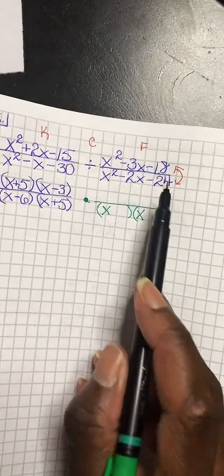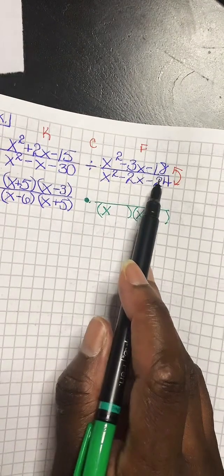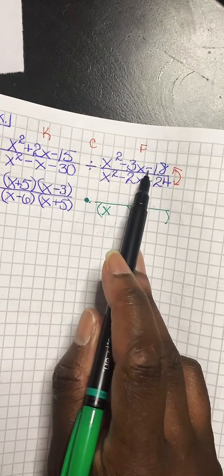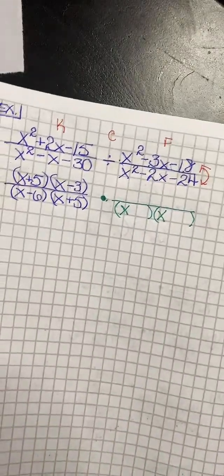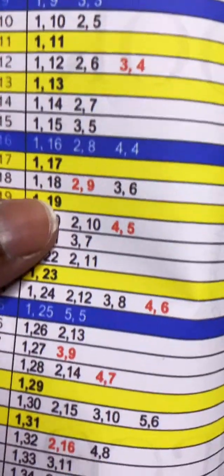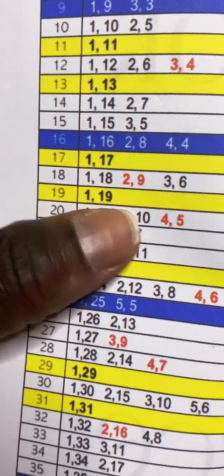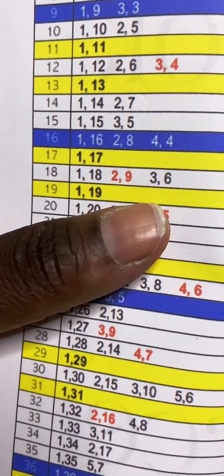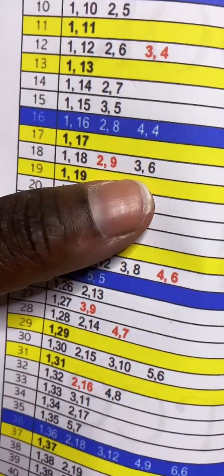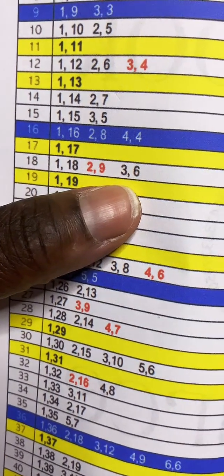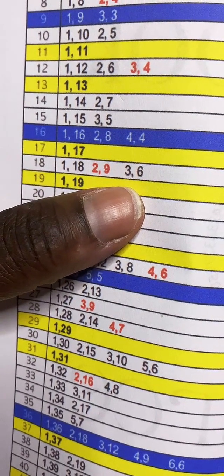And what we're looking for is what of those two, because it's going to be a negative 18, if I subtract will give me a negative 3. So which of these three, the 1 and 18, the 2 and 9, or the 3 and 6, if I did subtraction, would give me an answer of 3?